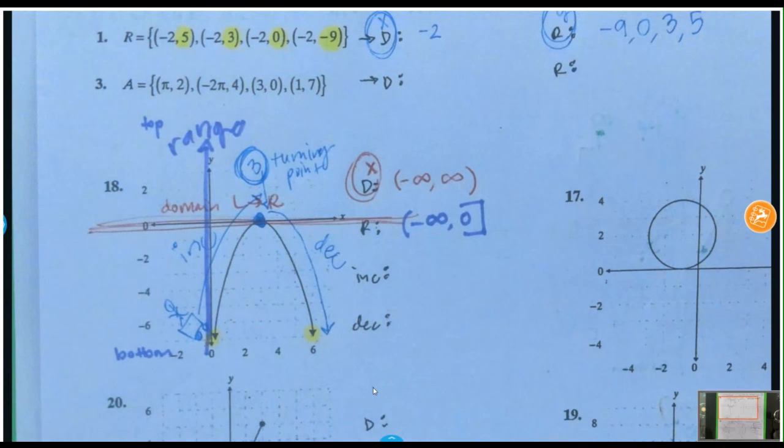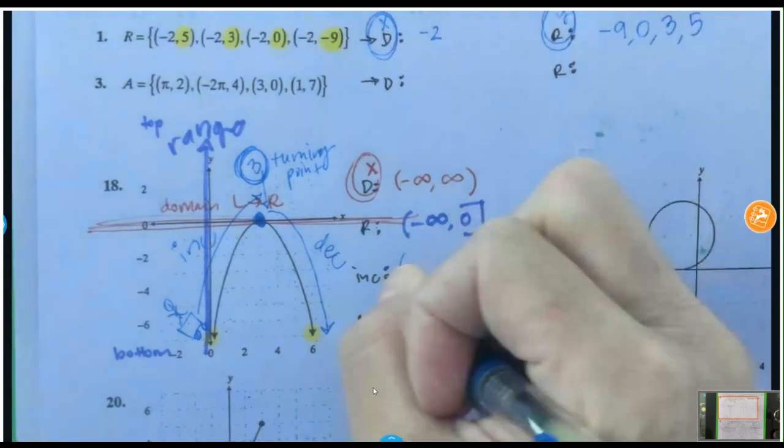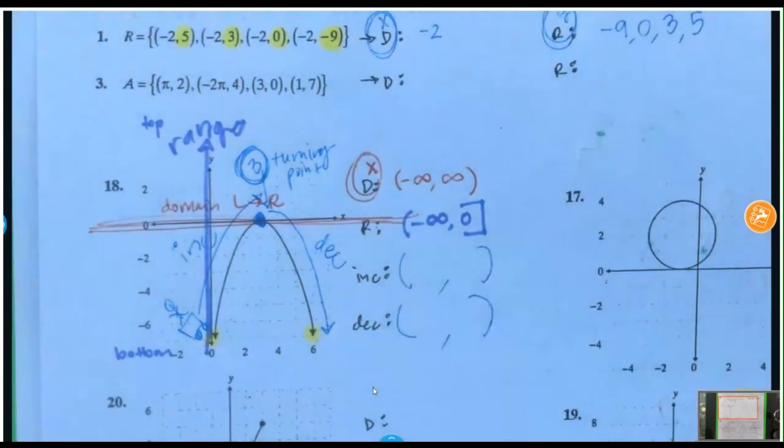You cannot increase and decrease at the same time. That's not possible. Think about your English words, increase, decrease. It's either increasing or it's decreasing, or it's staying the same. But it can't increase and decrease at the same time. So go ahead and put yourself 2 sets of parentheses for increasing and decreasing. And the reason that we put parentheses and not a bracket is because you cannot possibly increase and decrease at the same point. It's called a turning point.